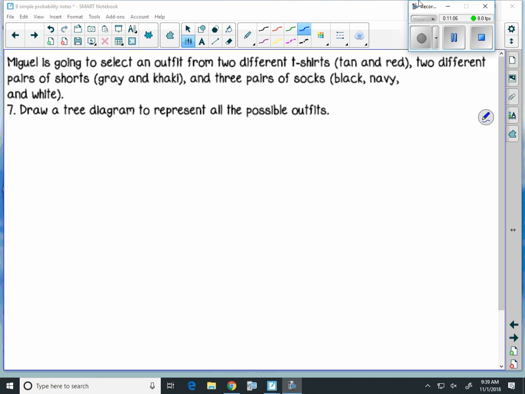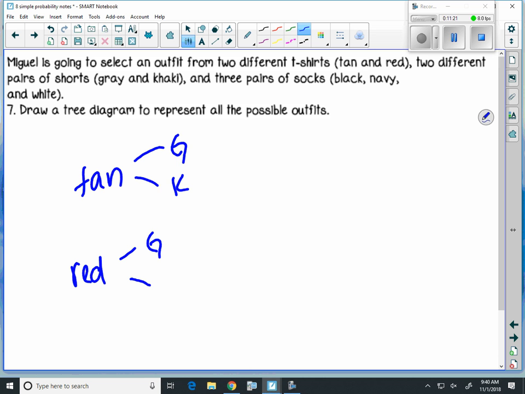T-shirts. So he can do tan or red. Now, for whatever he chooses for a t-shirt, what's his next option? His shorts, gray or khaki. Once he chooses his shorts, then he can choose what?